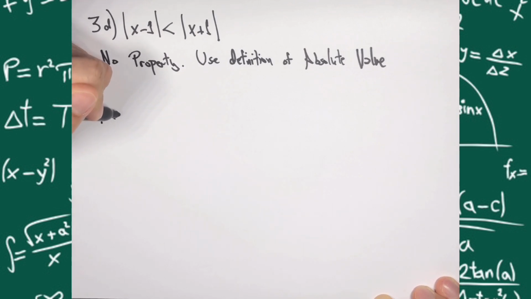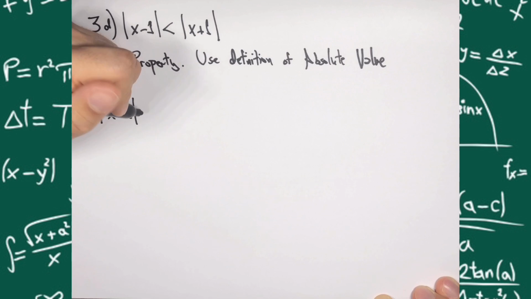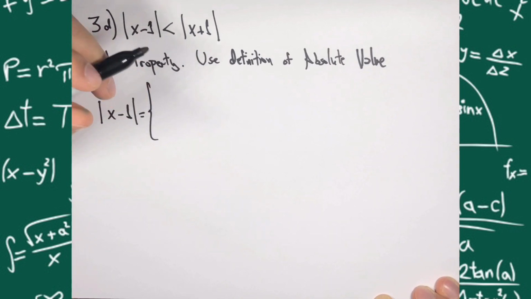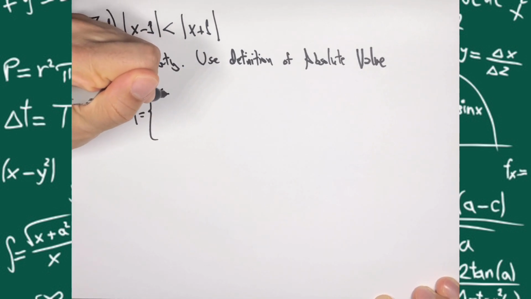So what we're going to do is dissect each of the absolute values, starting with the left absolute value of x minus 1.